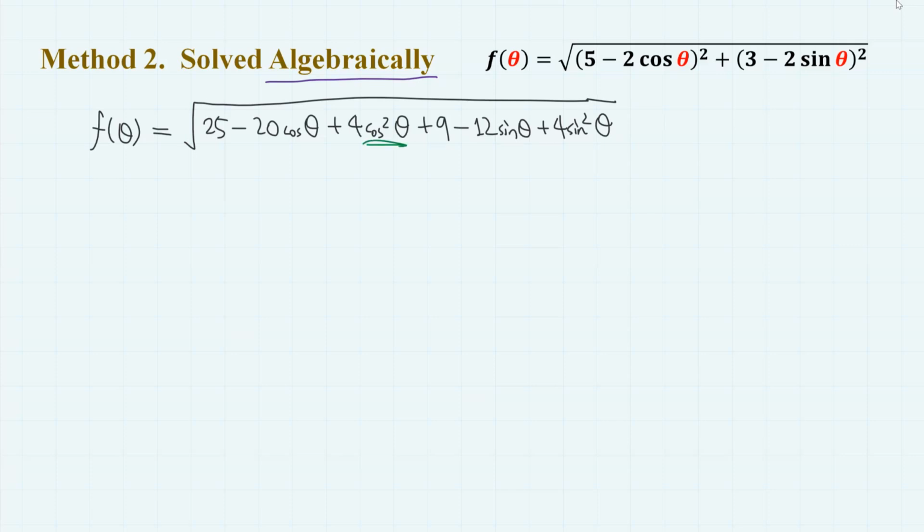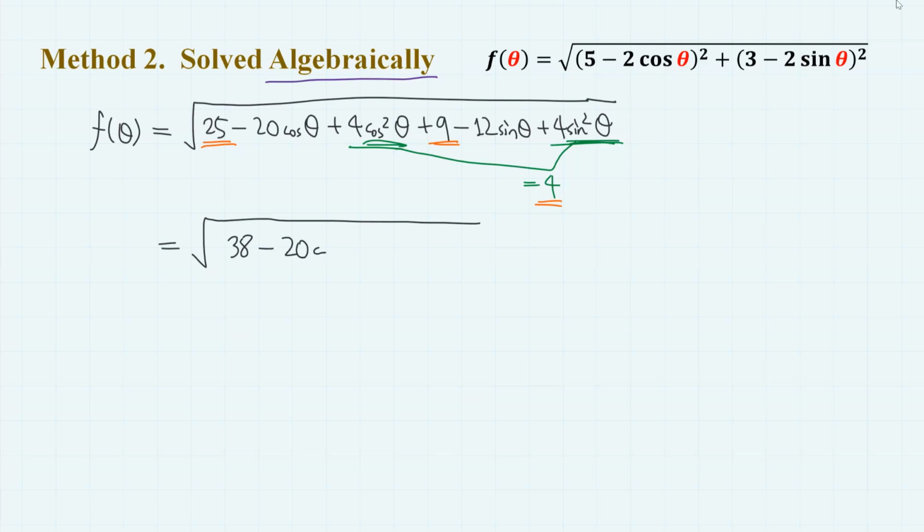Using cosine squared theta plus sine squared theta equals 1, this term plus this term gives 4. So we have 25 plus 9 plus 4, so 38. Then minus 20 cosine theta minus 12 sine theta. And we can write this as square root of 38 minus 4 times (5 cosine theta plus 3 sine theta).